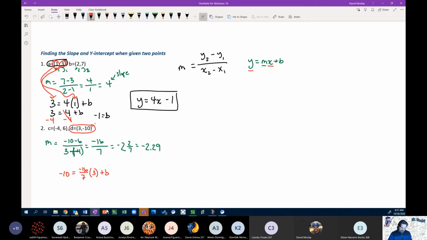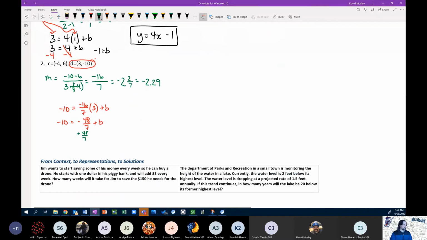We need to do the multiplication, negative 16, 7, 3, first. Let's see. That doesn't do anything friendly. 7 is a prime number, so it doesn't usually divide very friendly. We will end up with negative 10 equals negative 48/7 plus b. Then we need to add the 48/7 to each side.